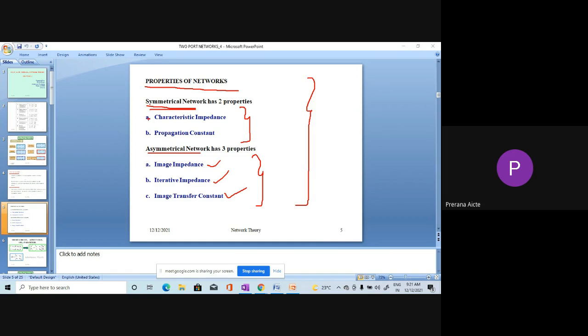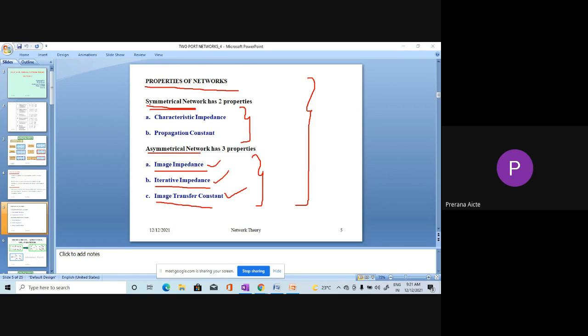In our academics, we are already dealing with the characteristic impedance and propagation constant, but the unknown factor here is image impedance. So what is meant by image impedance? How is it calculated for a two-port network? How is the iterative impedance calculated for a given two-port network?